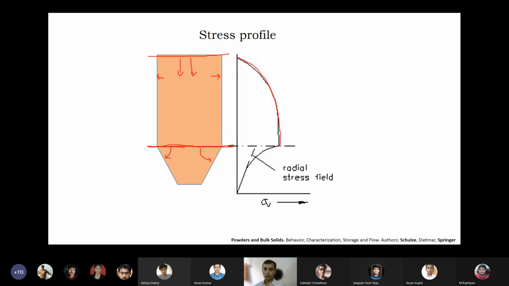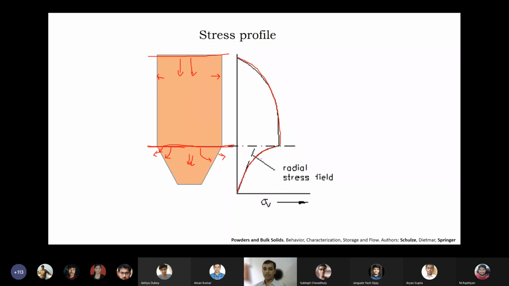But when it comes to the hopper, since it is a slant line, most of the load distributes towards the wall material, and the net amount of vertical stress tends to decrease. That's what people have observed experimentally, right?